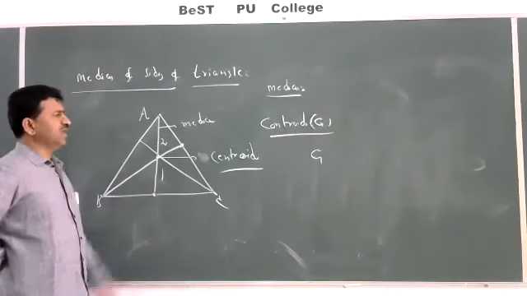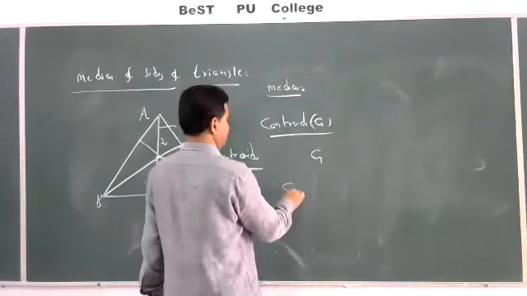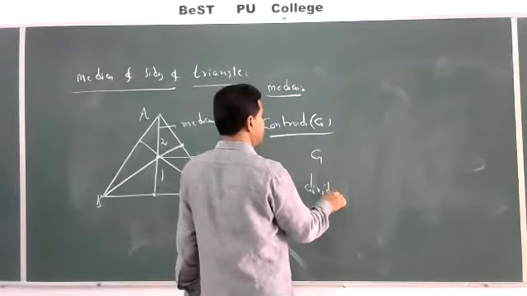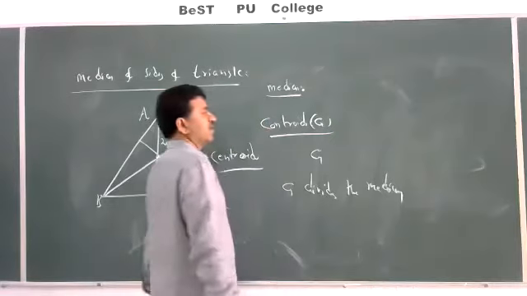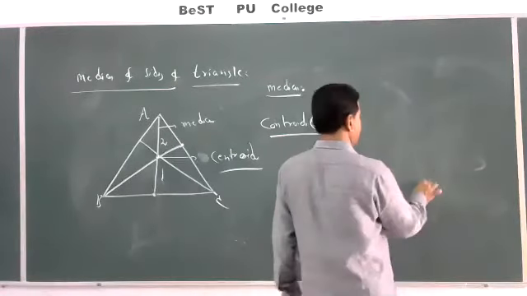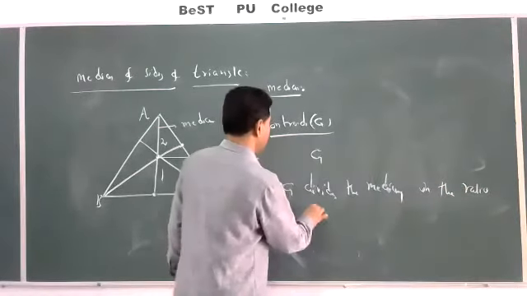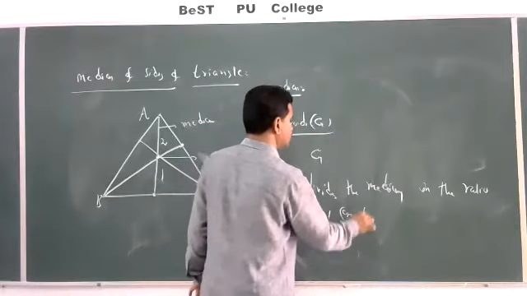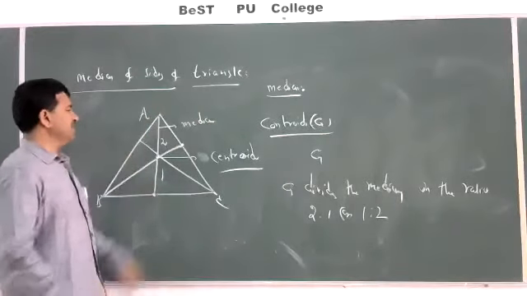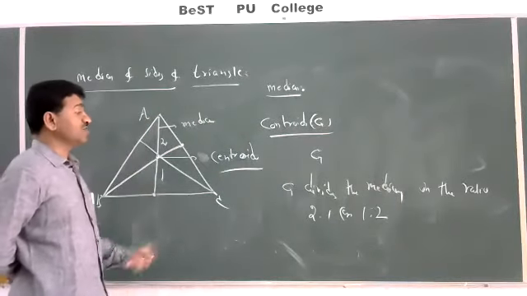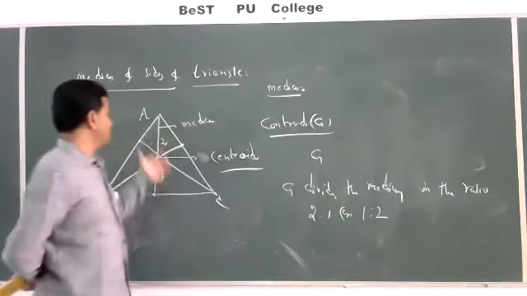G divides the median in the ratio 2:1 or 1:2. No, only one is possible, not both, either 2:1 or 1:2 based on the triangle length.